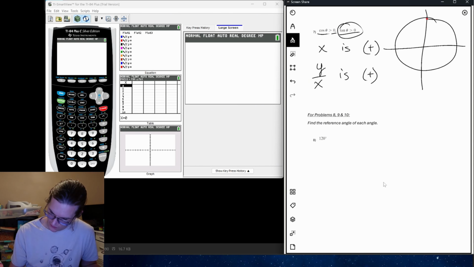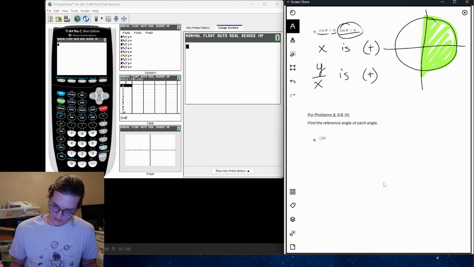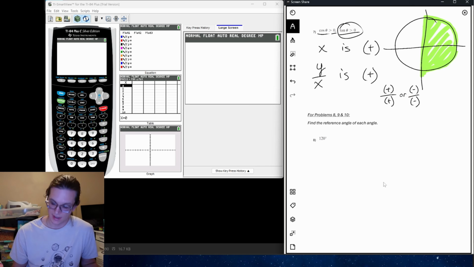So that can only be things to the right of this vertical line. And if y over x is positive, that means you either have to have this happening or this happening. Both of these will result in something positive. If you have this, that's not going to be positive, it's going to be negative. And same thing if you have this.